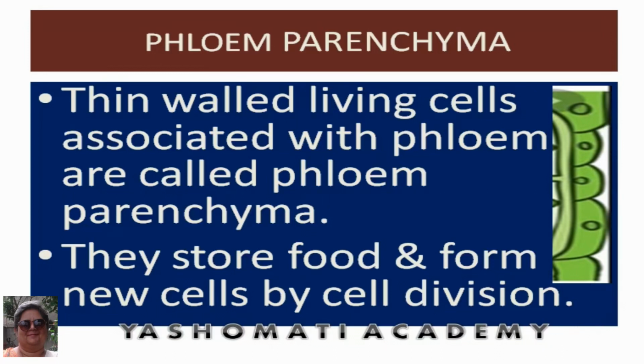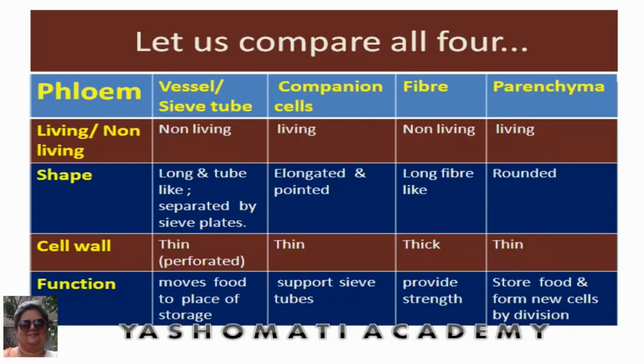So if we compare all these four different types of phloem cells, then we can see phloem vessel or sieve tube cells are non-living, whereas companion cells are living, fibers are non-living, and parenchyma are living cells. So here we see that companion cells and parenchyma cells both are living cells.